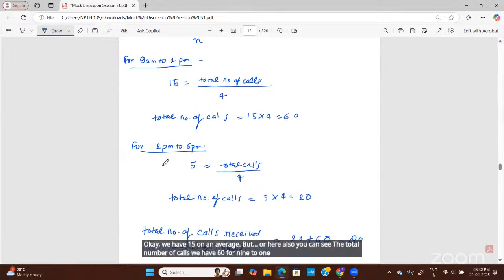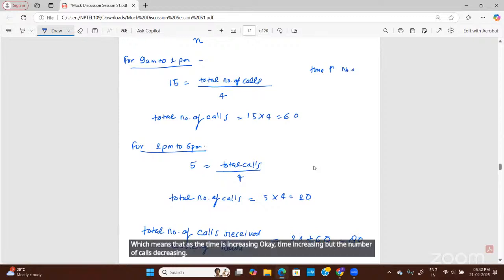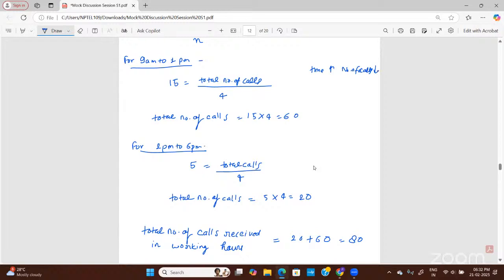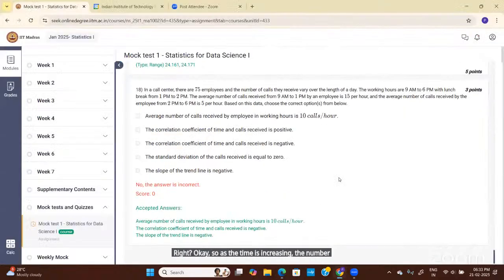But as the time increases, between 2 to 6 p.m., we have 20 calls only, which means that as the time is increasing, the number of calls is decreasing. So the correlation will be negative in that case. So option number 3 will be correct, that the correlation coefficient of time and calls received is negative.